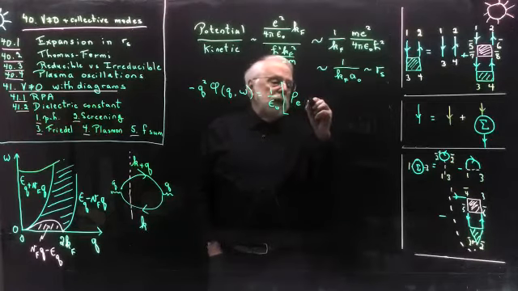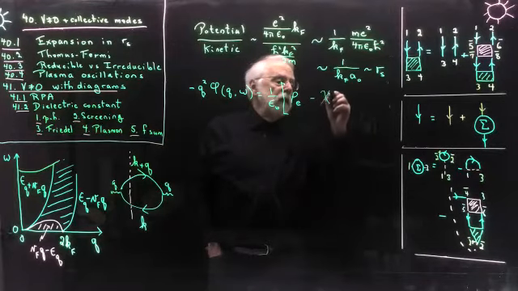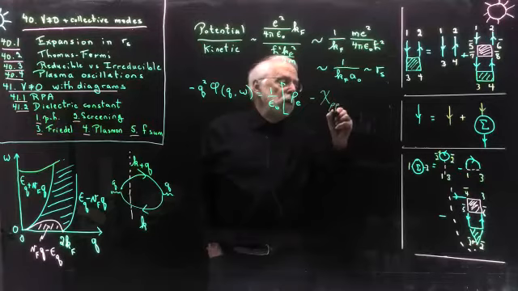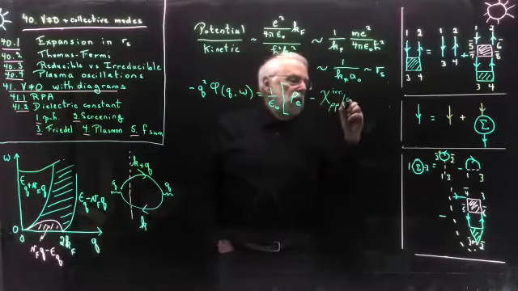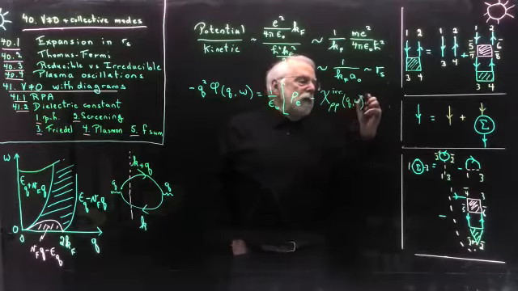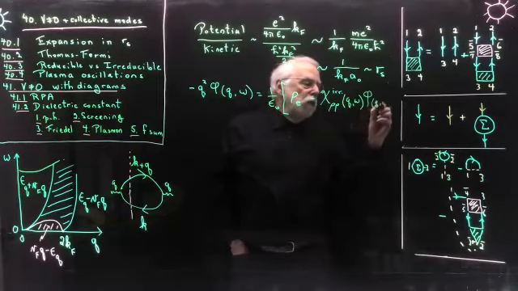So I will write this as minus chi rho irreducible of q omega, we will see why I call it irreducible, times phi of q omega.